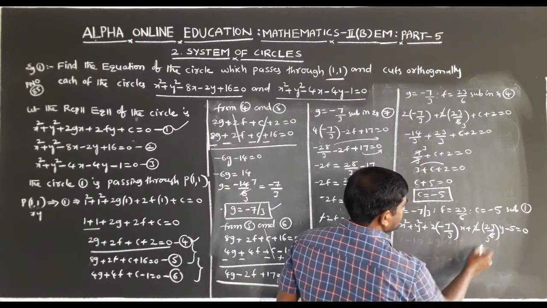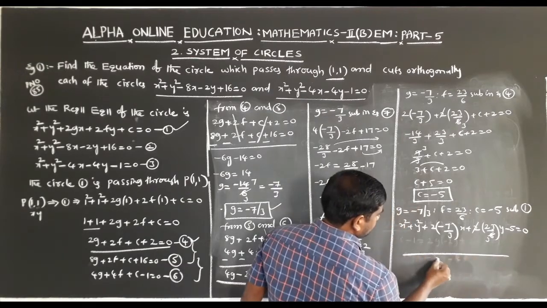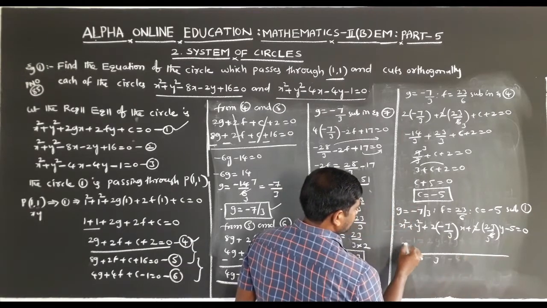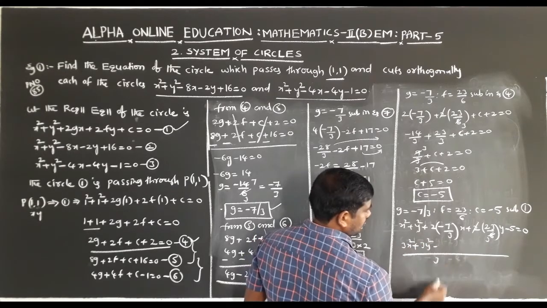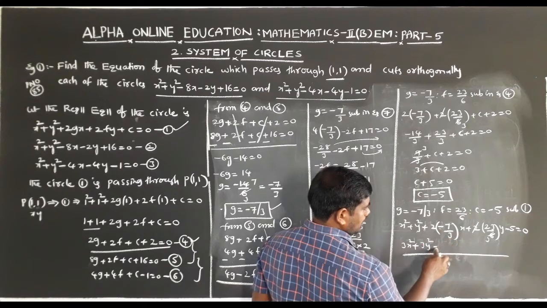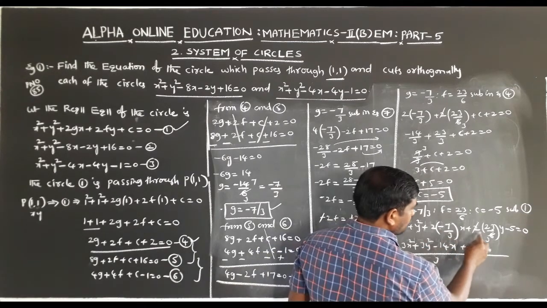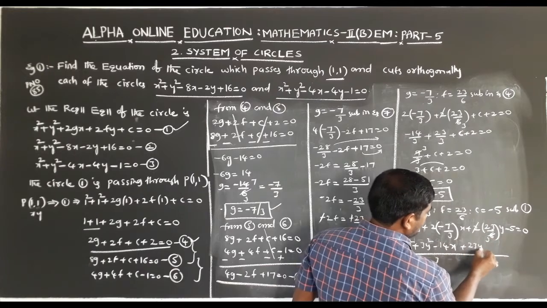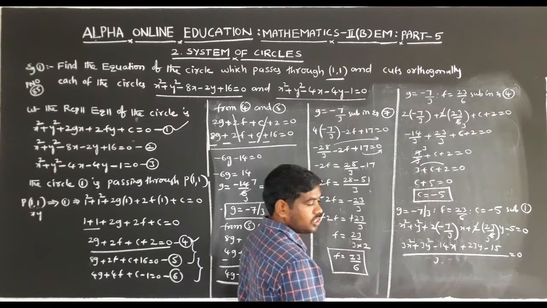2 ones are 2, 2 threes are 6. Here taking LCM 3: 3 into x square, 3x square; 3 into y square, 3y square; minus 14x plus 23y, 3 fives are 15, is equal to 0.